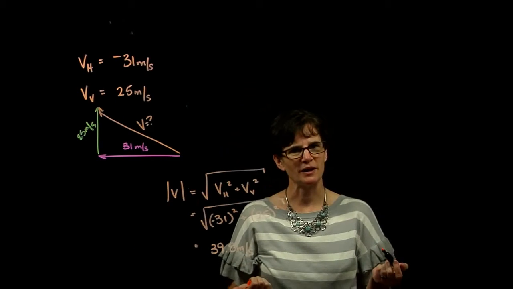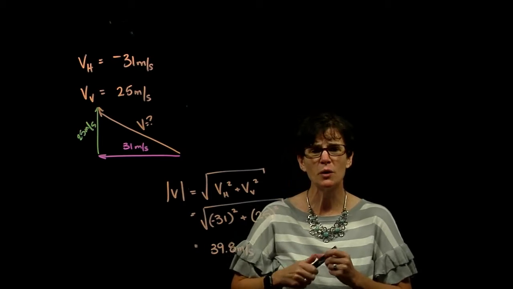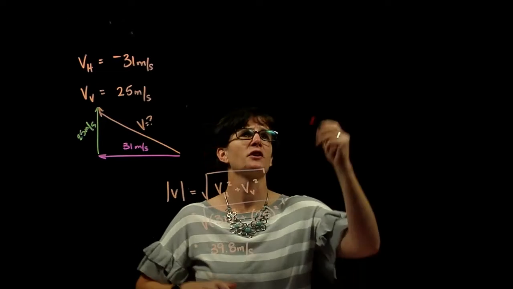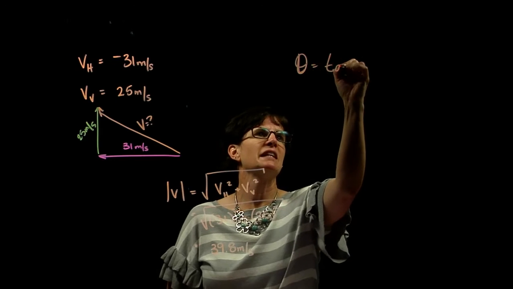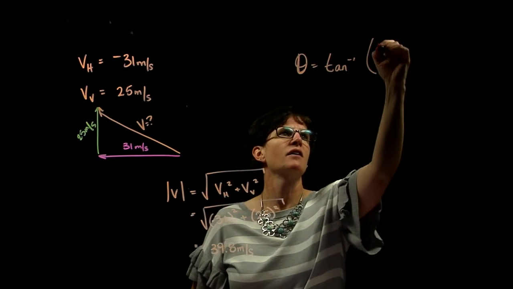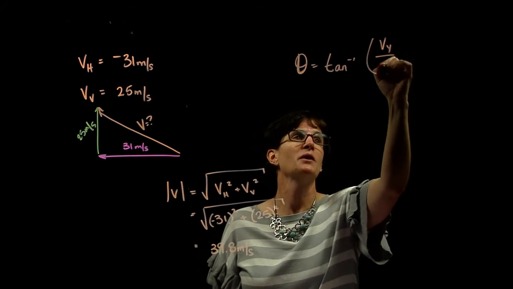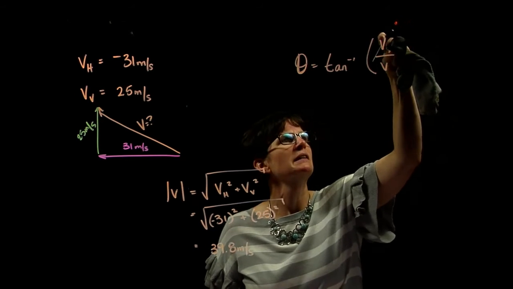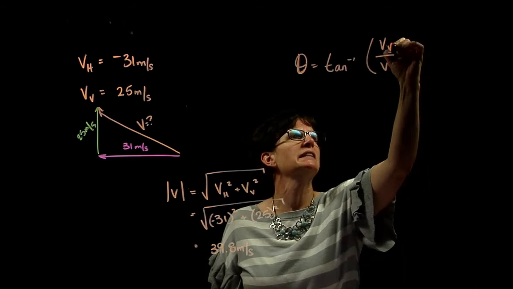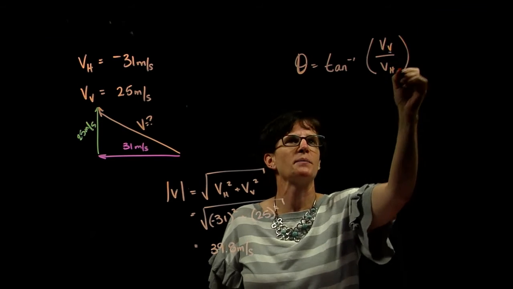Well, what about its direction? We know, using our trigonometry, that the angle is equal to the inverse tangent of the vertical component over, sorry, I'm going to say the vertical, not y, because we use v's, over the horizontal component.